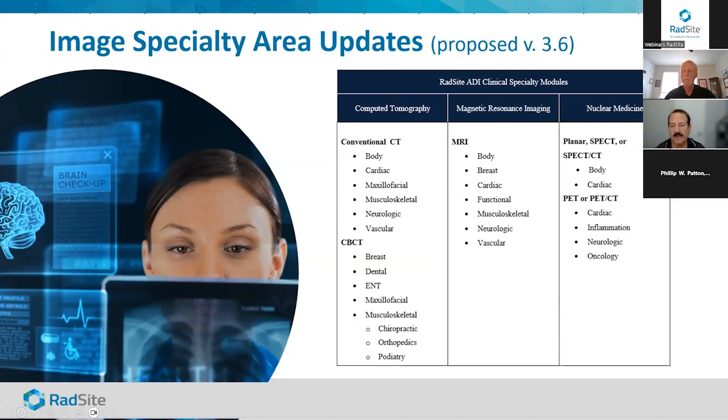These additional modules give us more granularity and more ability to specify and say, if you're doing cardiac imaging in PET or PET CT, for example, there are certain things that we need to understand and know about in order to be able to feel comfortable with accreditation.